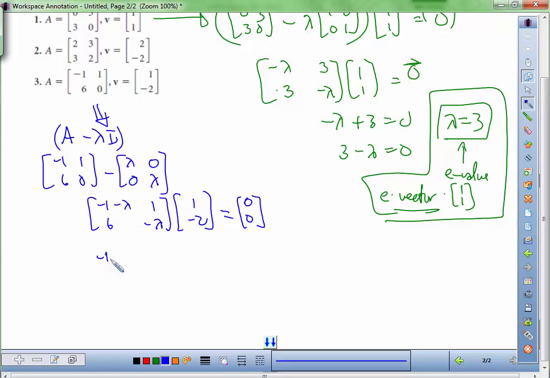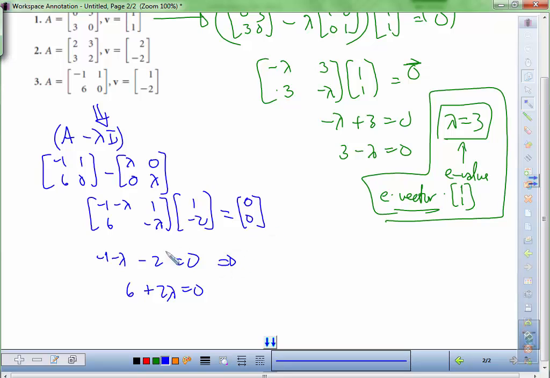So we got minus 1 minus lambda minus 2 is equal to 0. And 6 plus 2 lambda is equal to 0. So these should give the same result.